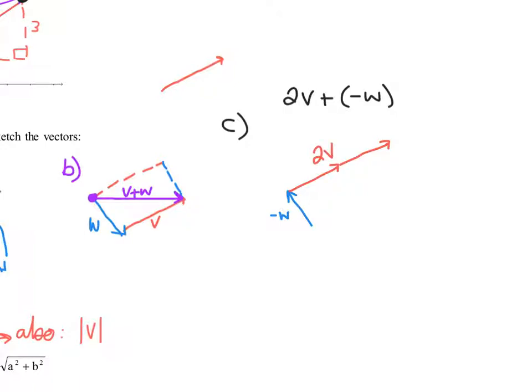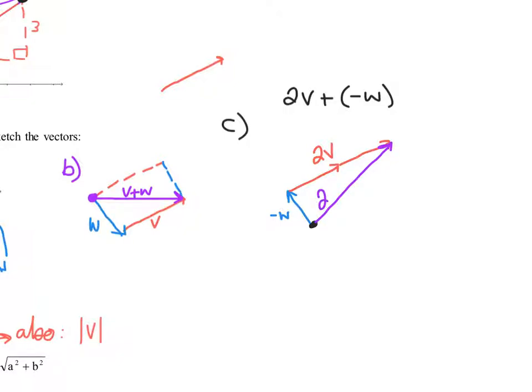Again, it's commutative, so you can go in either order. So here's my start. I opted to go with the negative V first. I could have done the 2V first if I wanted to. Neglecting the entire parallelogram approach, I could just go start to finish in one shot and have my vector sum.